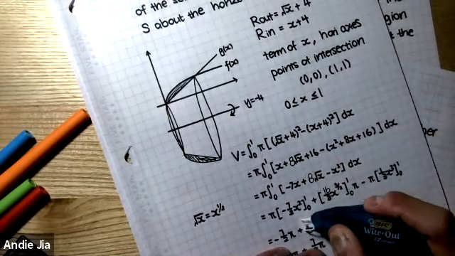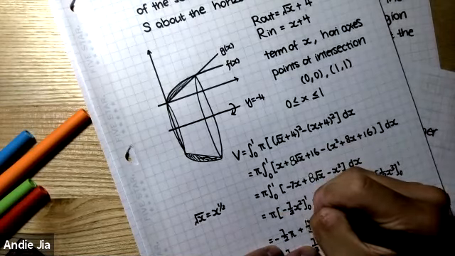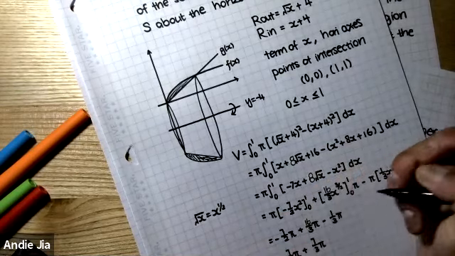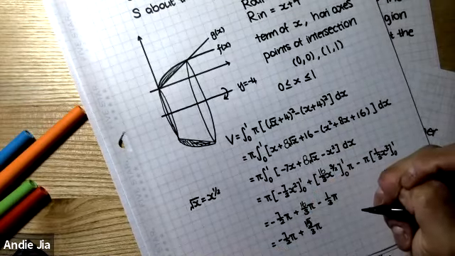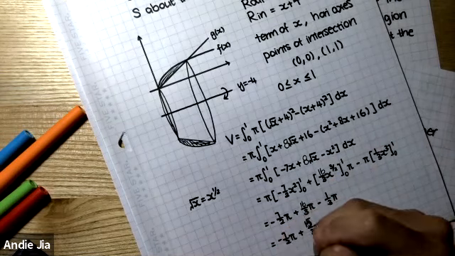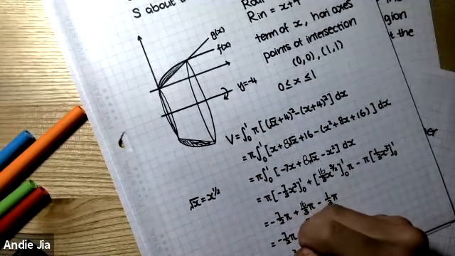It's going to be negative 3.5 minus 5. It's going to be 3 over 2 pi.